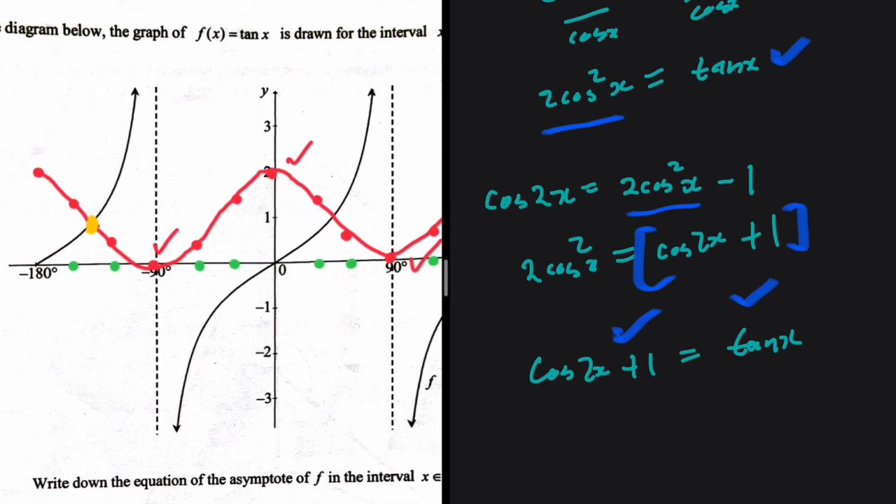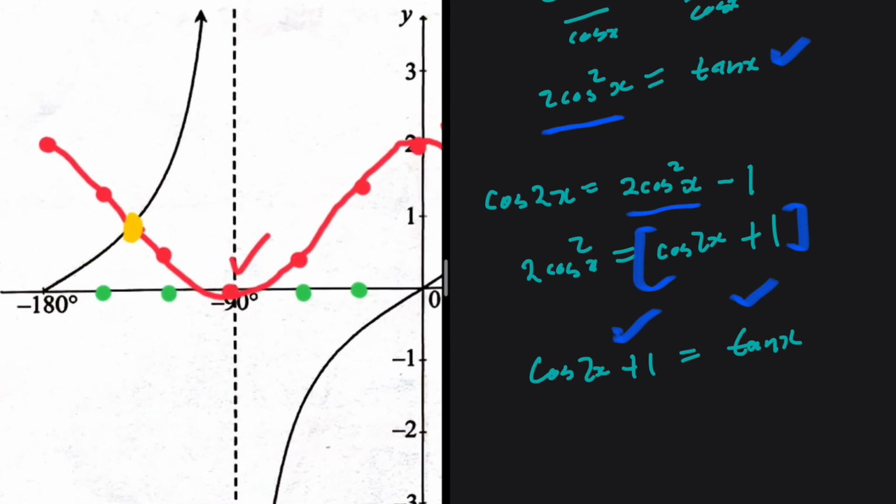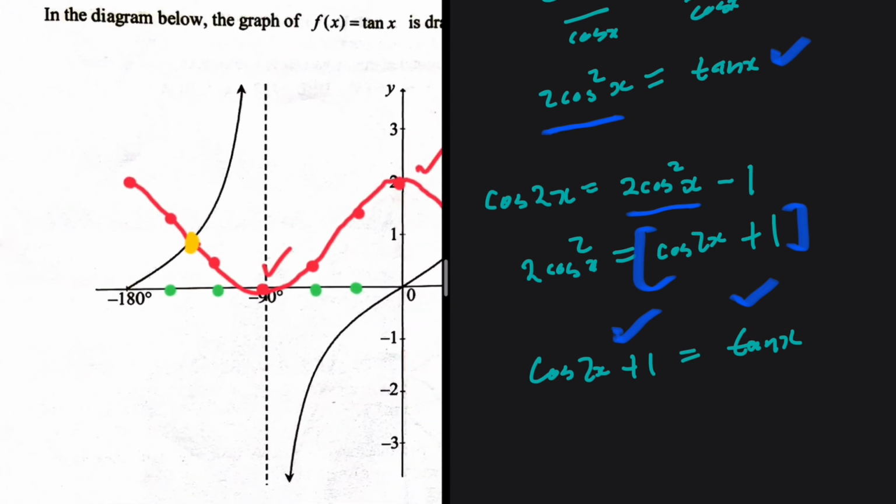They are equal to each other at that point. They're equal to each other at that point. Do we have any other point where they are equal to each other? It seems like those are the only points. So we need to read off those points. Those points look like they are between minus 150 and minus 120, right?